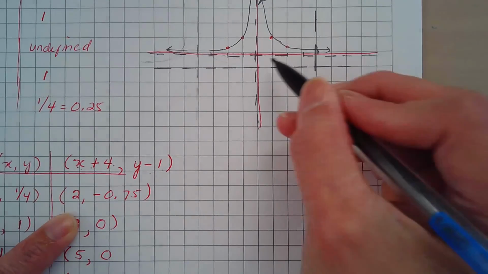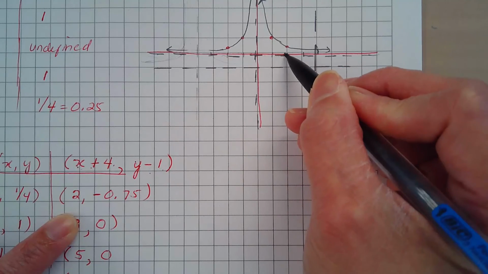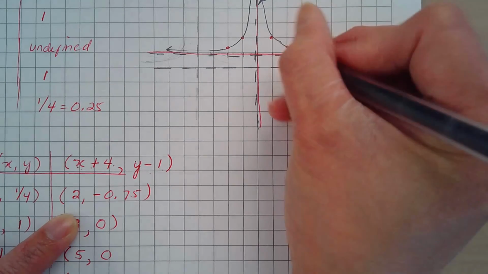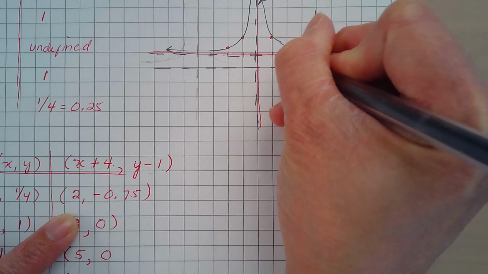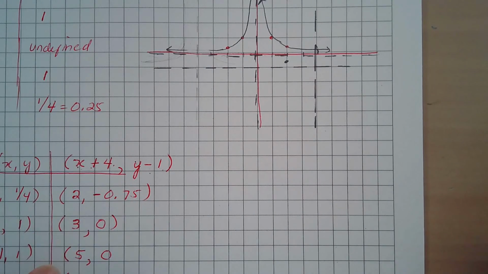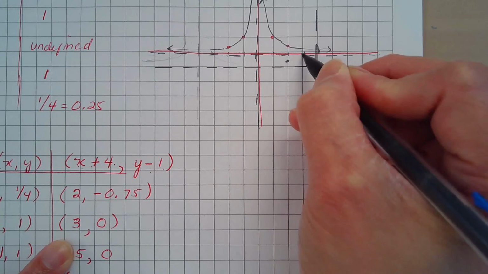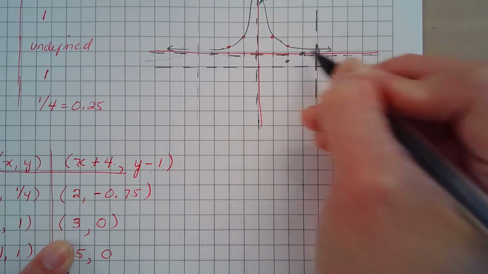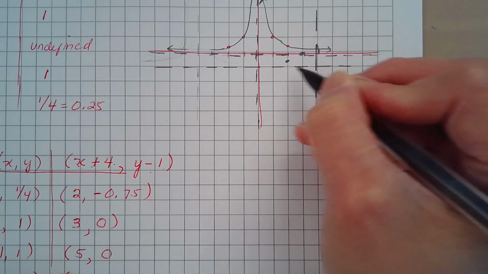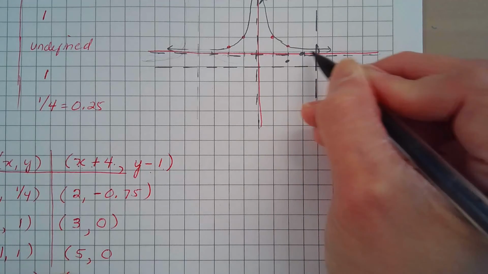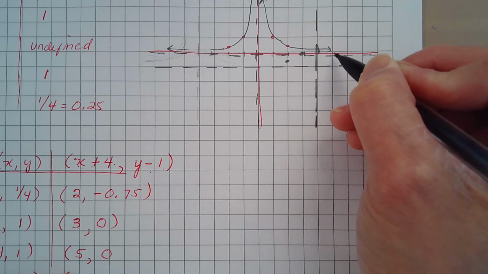So 2, negative 0.75, it would be right there. Positive 3, 0: 1, 2, 3. 5, 0: 1, 2, 3, 4, 5.